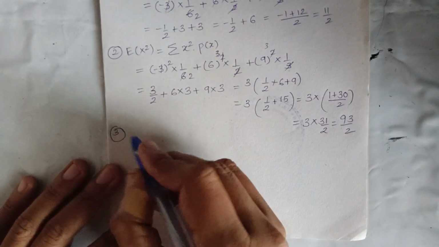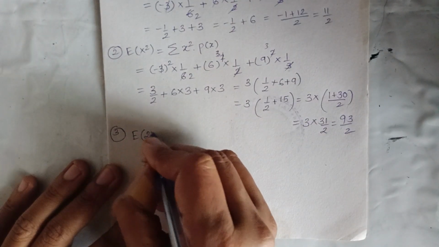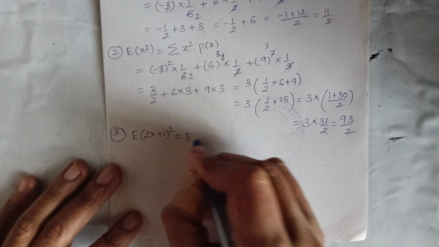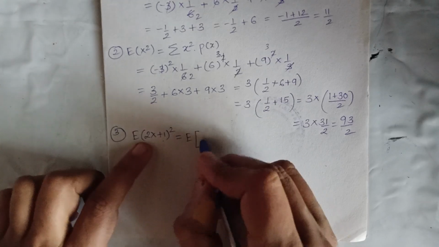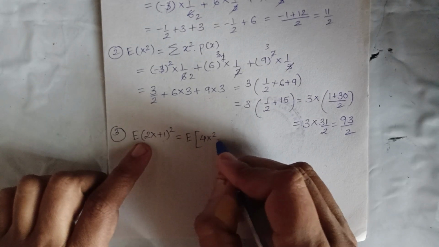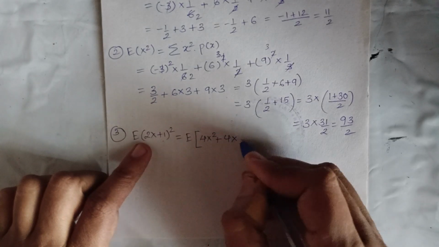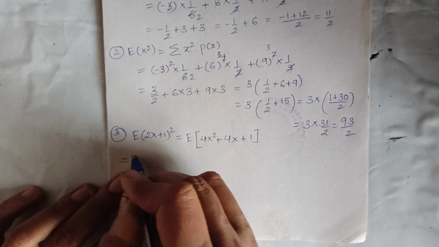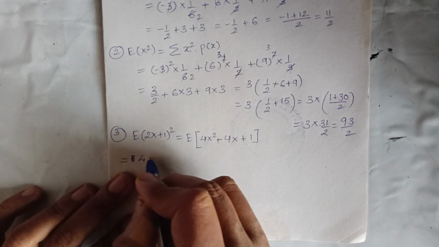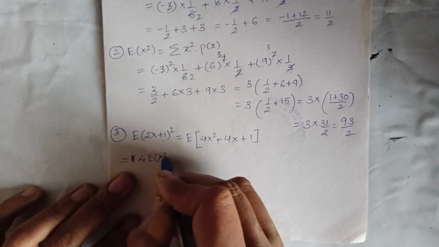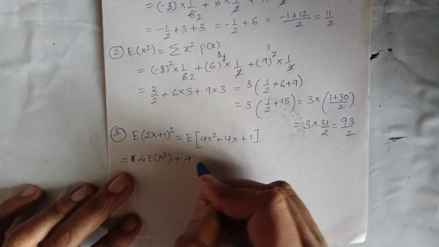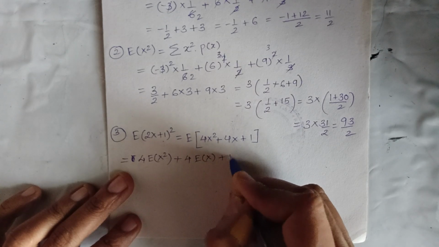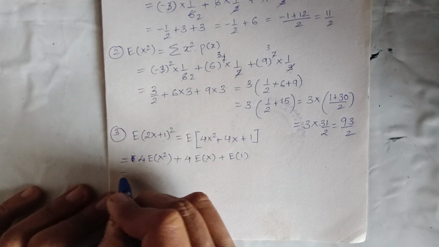Third one is E of (2x plus 1) the whole square. Here you first have to use the (a plus b) whole square formula. So this is 4x square plus 4x plus 1. Then you have to take expectation of each. 4 is constant, so 4 you can take outside, plus 4 E(x) plus E(1).